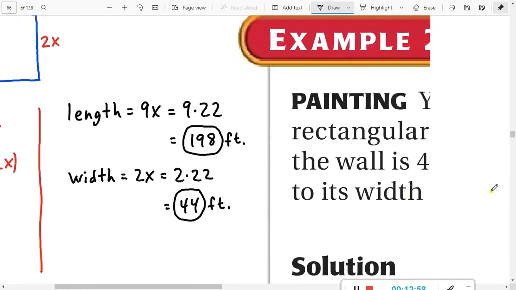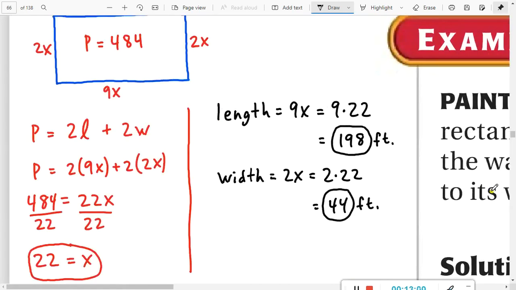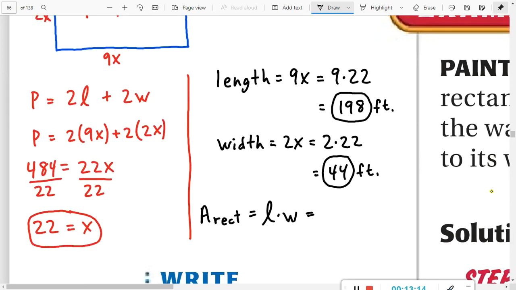And finally, for the area, we know the area of a rectangle is just length times width. So that's going to be 198 times 44.